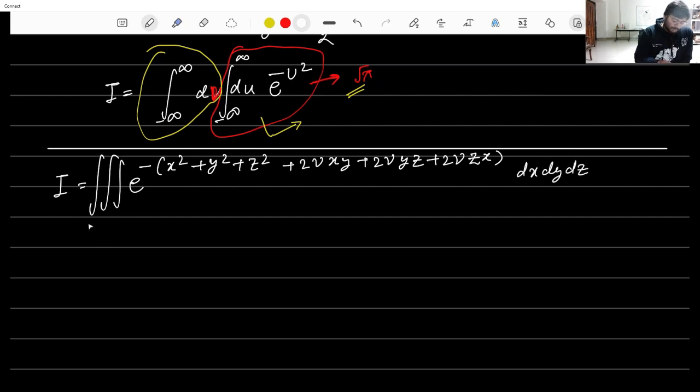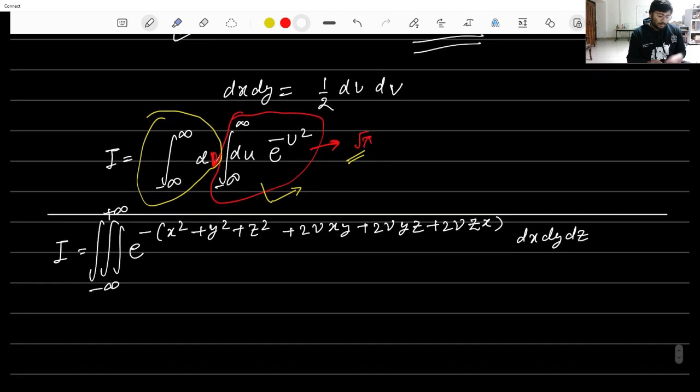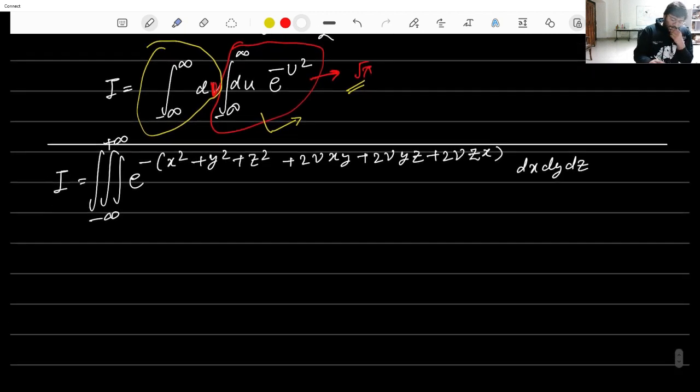And the limits are from minus infinity to plus infinity for all the variables. Here you do the same as you did for the 2-dimensional Gaussian integral.